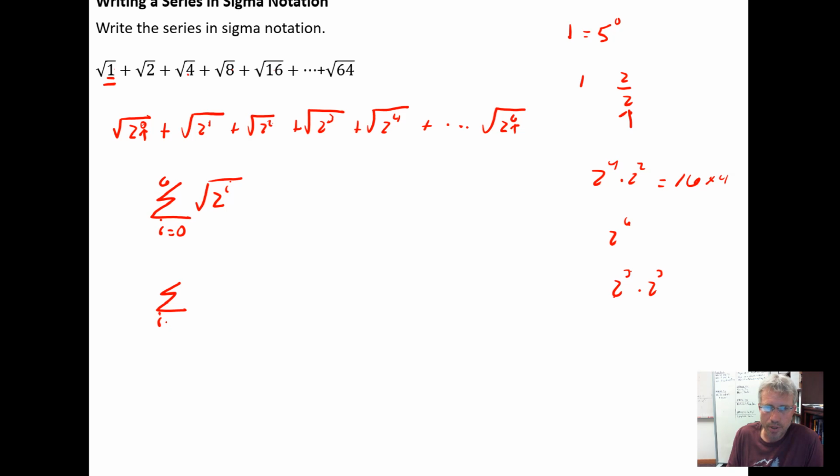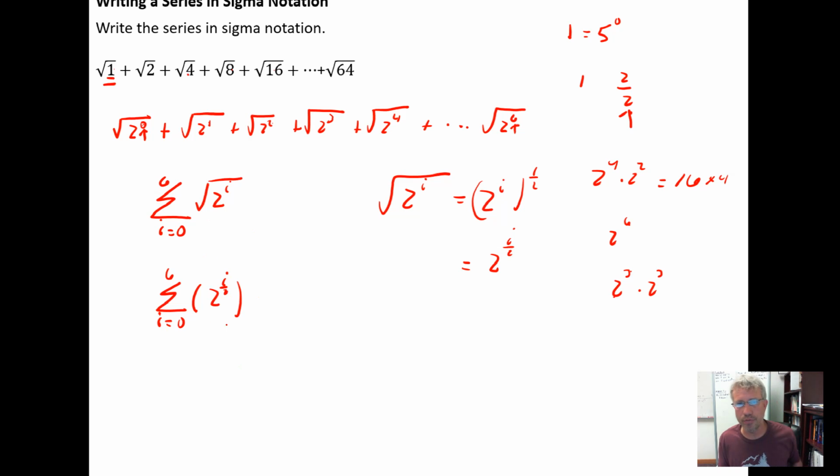So for example, we could write this as I equals 0 to 6, and if we have the square root of 2 to the I, this is the same as 2 to the I to the half power, so we could also write this as 2 to the I over 2 if we wanted to. So anyways, we could put this in here as 2 to the I over 2 as an alternate form.